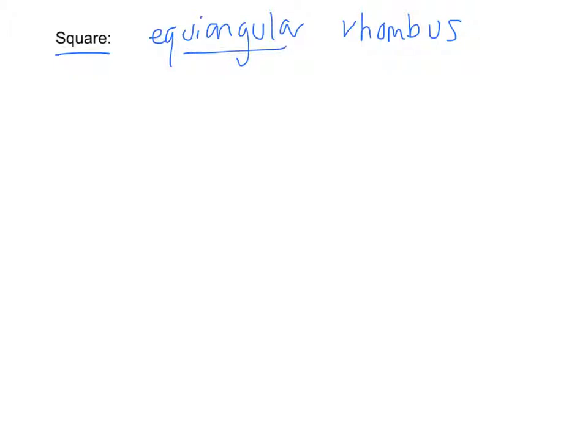There are actually a lot of ways to define what a square is. We could say that it's an equiangular rhombus, because a rhombus has all equal sides, but if we define that as equiangular, then that's a square.